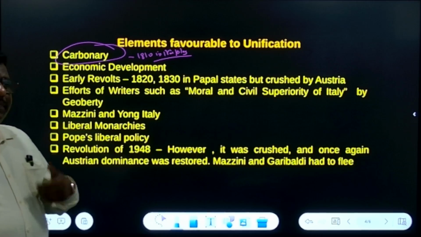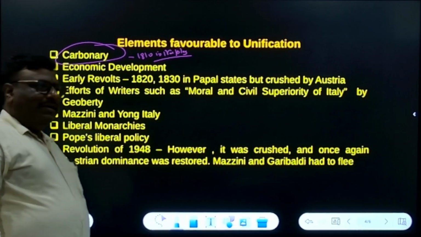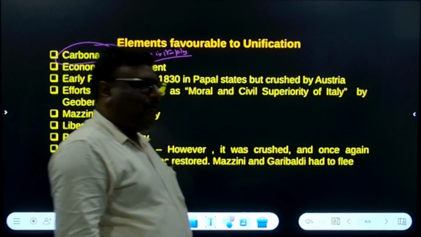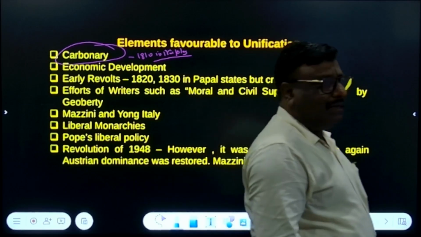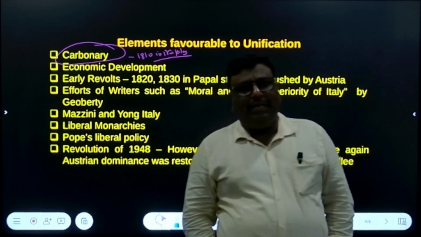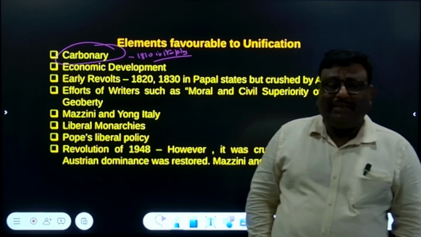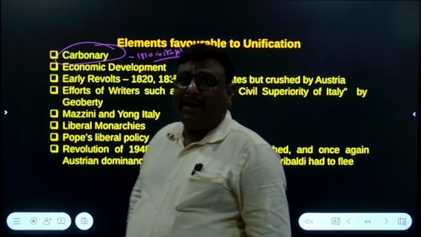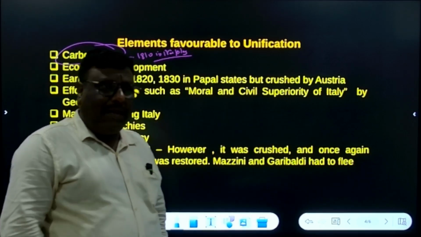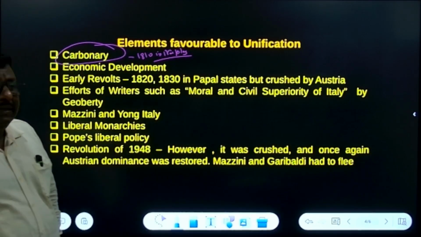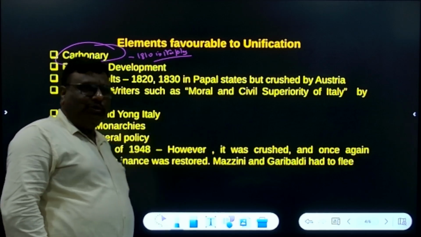In the Indian context, if you see, several secret societies were formed during 1900, 1903, 1905: the formation of Abhinav Bharat by V.D. Savarkar in Maharashtra, and the formation of Anushilan Samiti by Barindra Ghosh in Bengal.